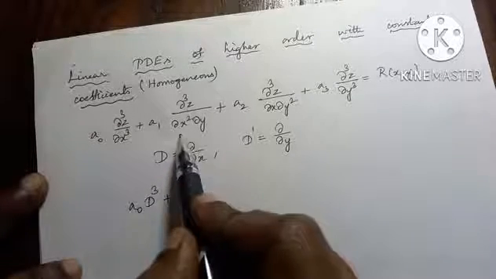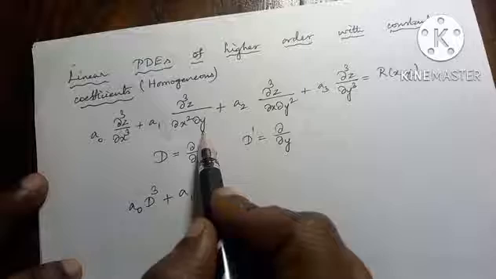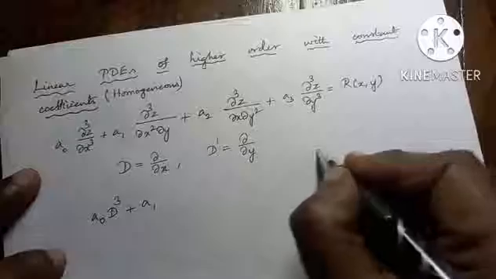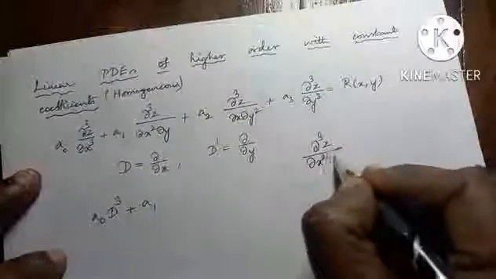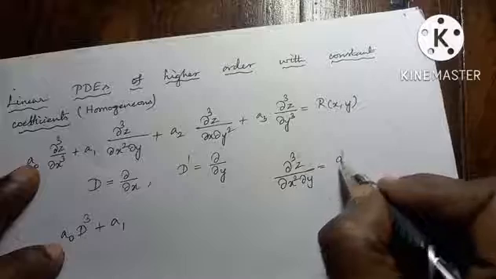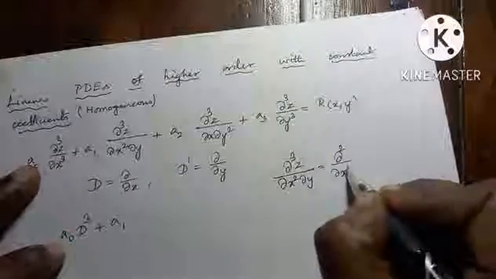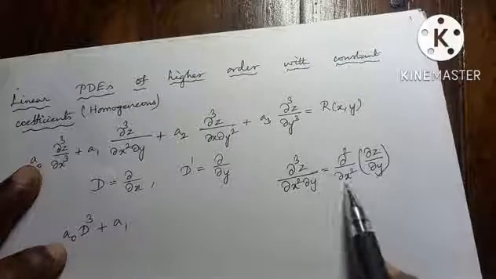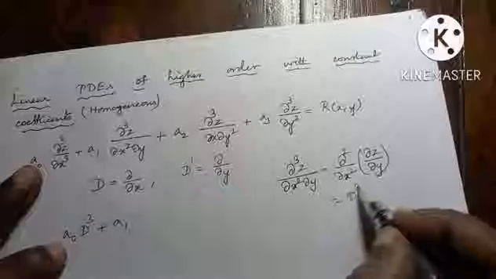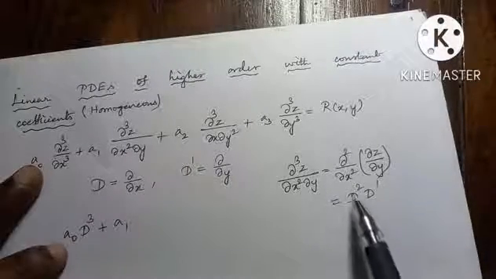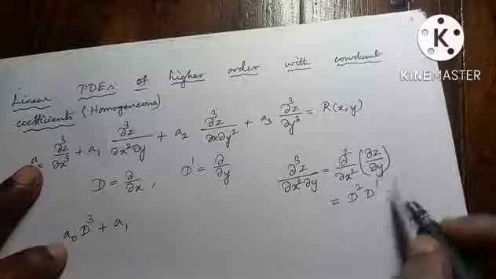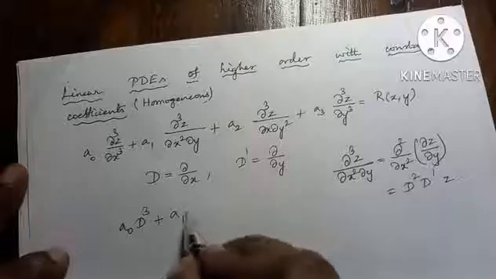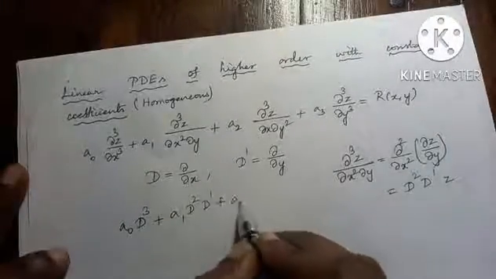A1 is ∂²z/∂x² into ∂z/∂y, which is ∂³z/∂x²∂y, that is ∂²/∂x² of ∂z/∂y. This is D squared and this is D dash, so D squared D dash, take z common. So it is A1 into D squared D dash.